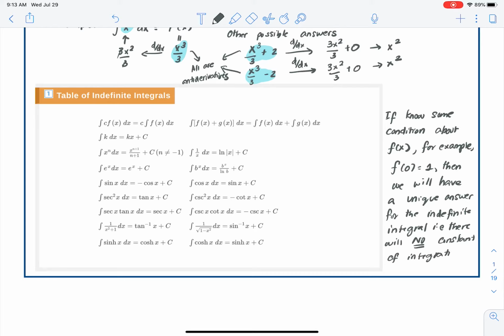So if I impose a condition on f of x, then I won't have the constant of integration.